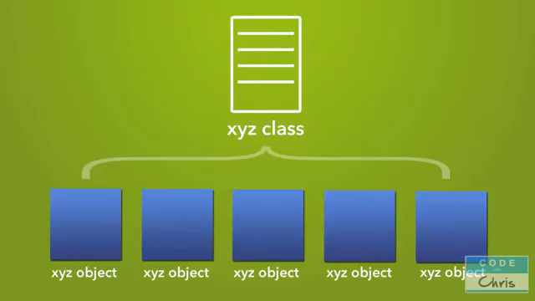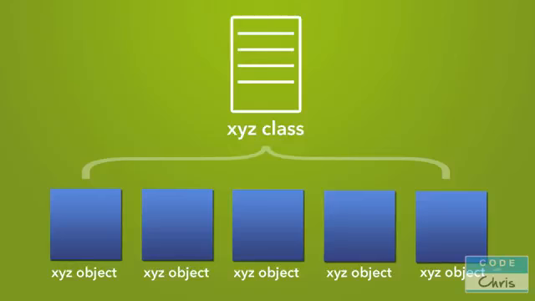Furthermore, from one class or one blueprint, you can create multiple objects in the same likeness and behavior that the class describes. And this makes sense because imagine, if you had two components in your app that did the same thing but in two different places, you can code up one class and create two objects from it. Another example would be, say, in a game where you spawn multiple enemies of the same type. You shouldn't need to create a class for each enemy that appears on the screen.